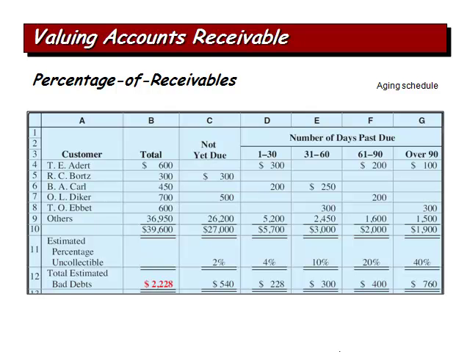So then we'll look at the percentage of receivables, and this would be an aging schedule. You can see for customer Adert, his total is $600, and that's in the 1 to 30 days past due. 300 of it is in the 1 to 30 days past due. 200 of it is over 61 days, and $100 of it is over 90 days.